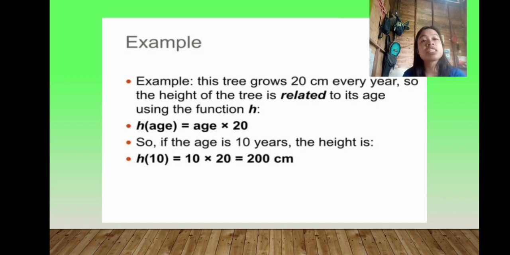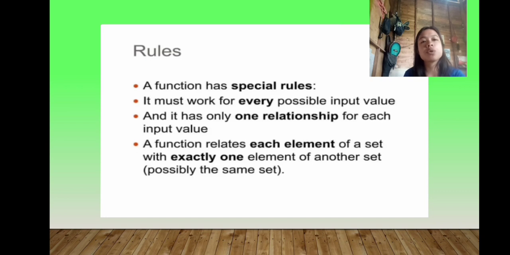Example, this tree grows 20 centimeters every year, so the height of the tree is related to its age using the function h. h(age) = age multiplied by 20. So if the age is 10 years, the height is h(10) = 10 times 20 = 200 centimeters.